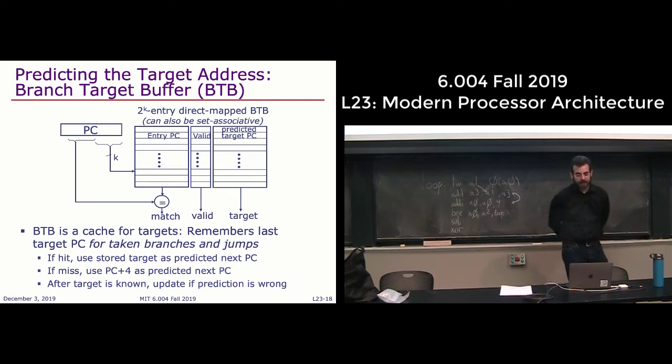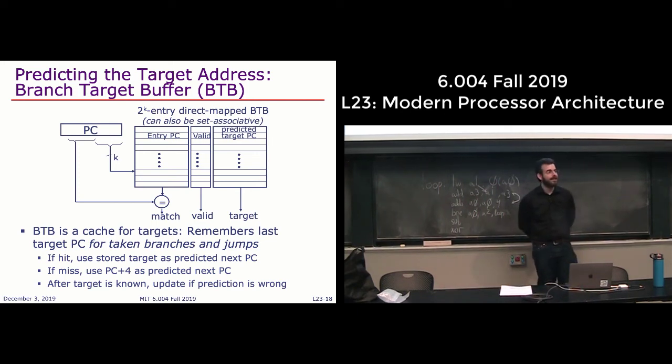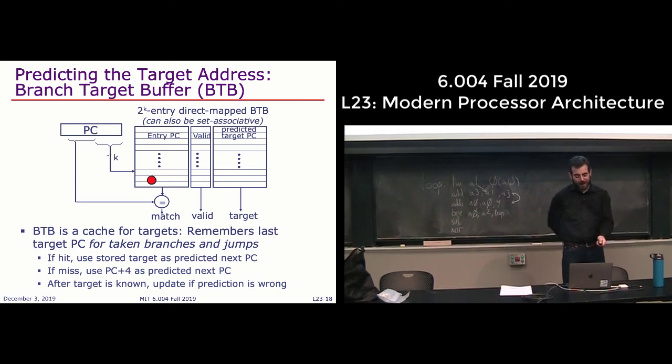A BTB is just a cache for branch targets. It's a cache that's indexed by PC. So you have a tag, this is a direct map organization. The tag is the PC. You have a valid bit, and then you have the predicted target. The way the BTB works is you index into this cache.